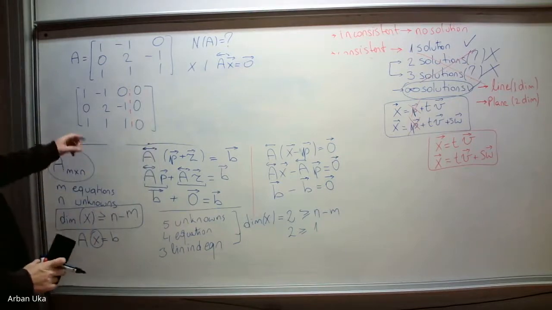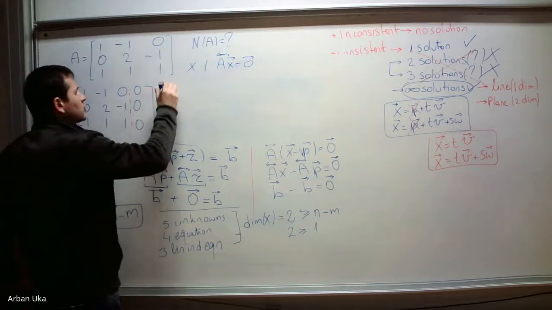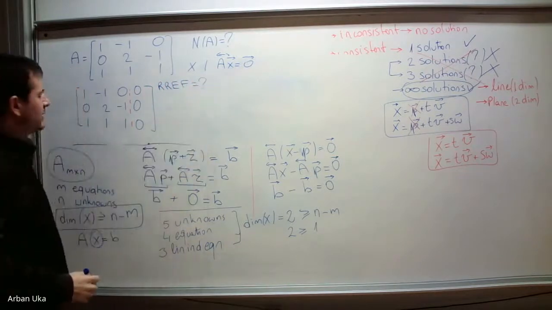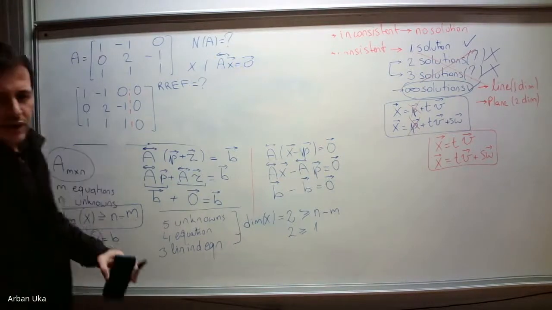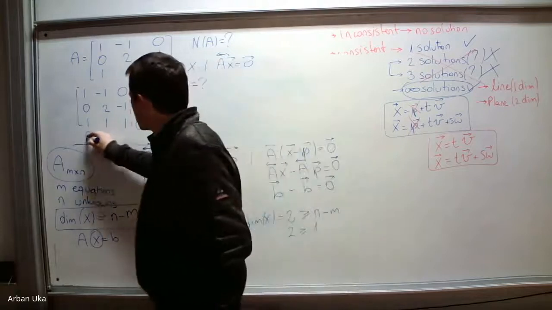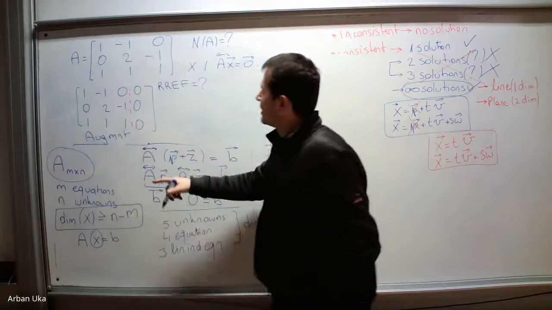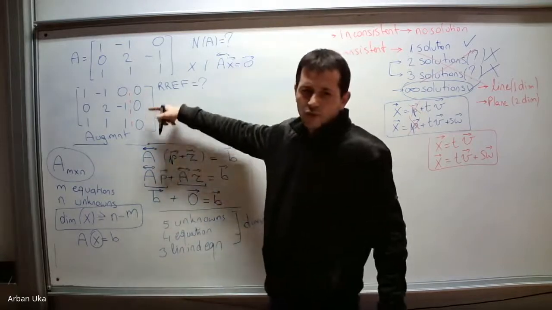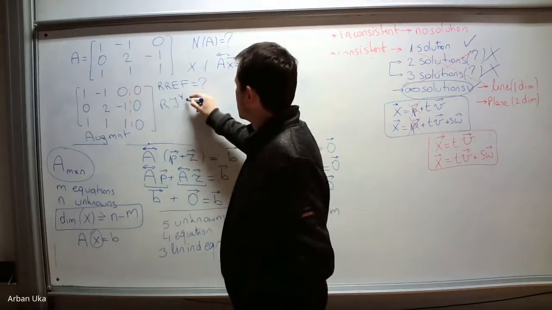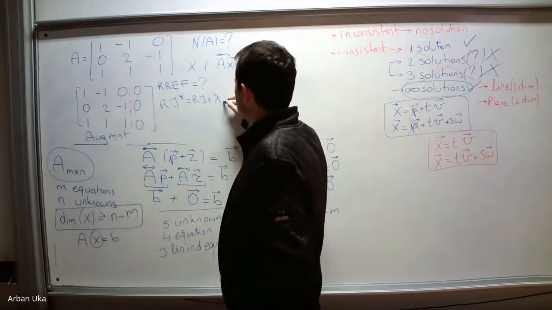So what do we need to do from here on? We need to calculate the reduced row echelon form. As we are working with this augmented matrix, what operations are we going to do? Rj star will be equal to Rj plus lambda or minus lambda Ri.